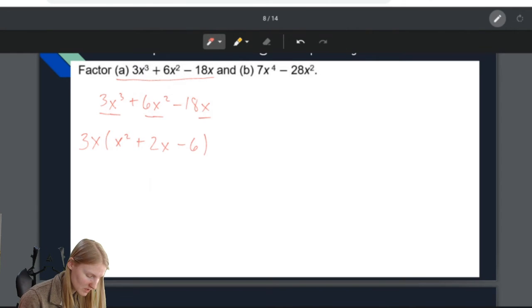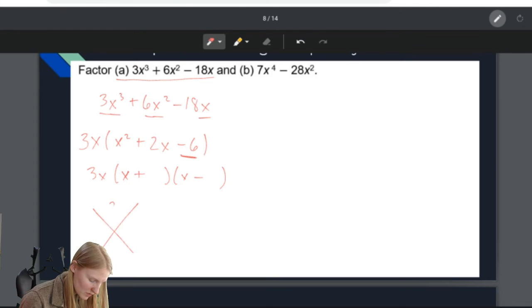That makes things easier. So now, I know that I'm going to end up with 3x, x plus something, x minus something. I know that because the 6 is negative. So let's see, I need two things that add to 2 and multiply to negative 6.